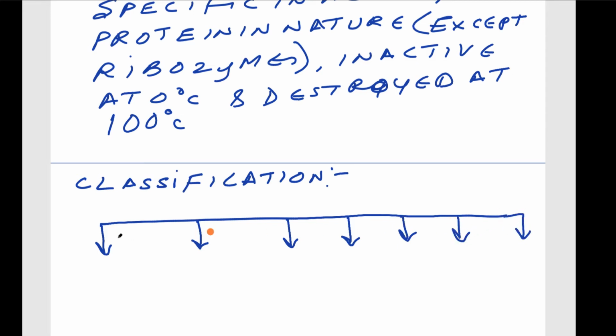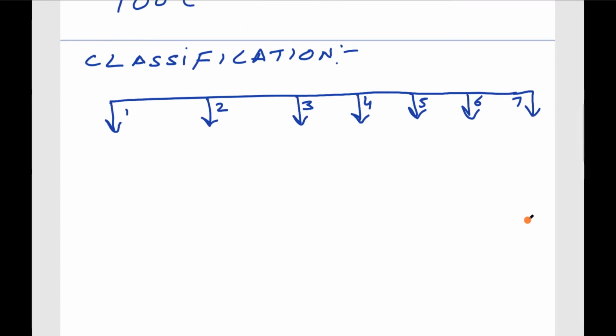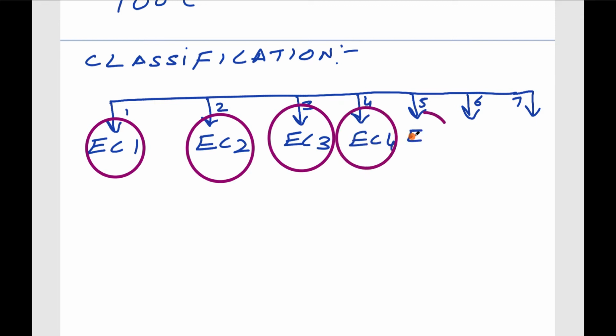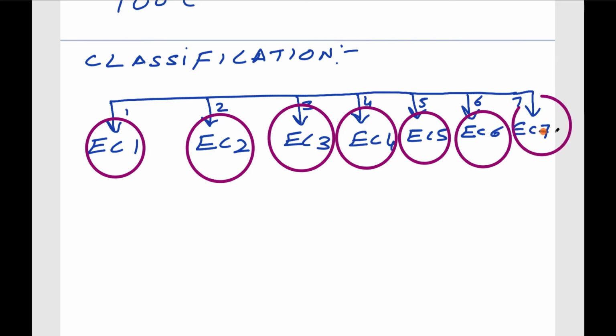This classification is described by the Enzyme Commission of the International Union of Biochemistry. The first one is EC1, then EC2, EC3, EC4, EC5, EC6, EC7.